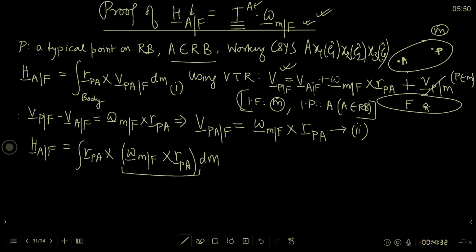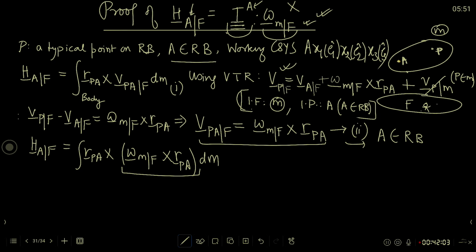And that is why I have been saying that only when A is fixed in F you can express HAF as inertia tensor dotted with angular velocity vector. If A is not fixed in the RB, you cannot get this. But since A is fixed, I am able to write this expression.